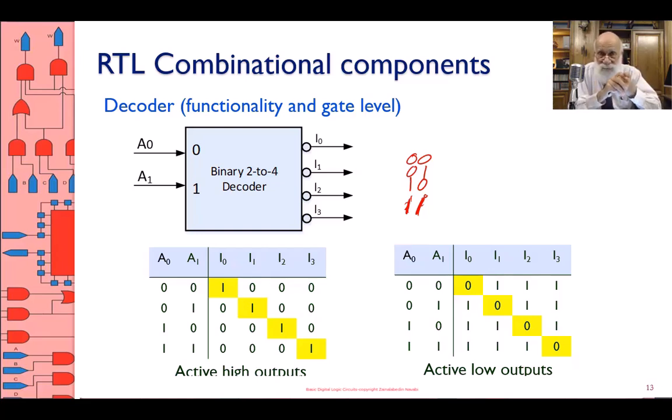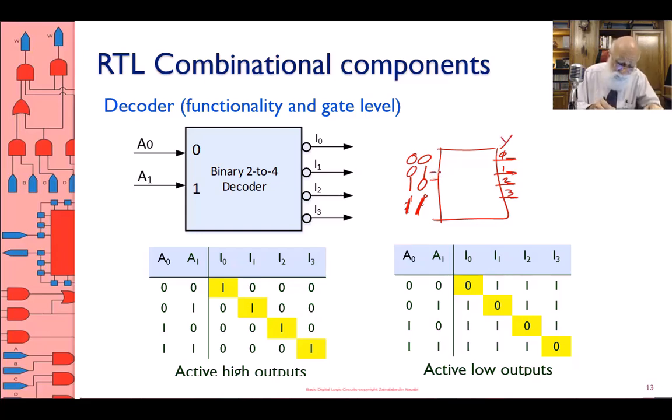I'm going to build a circuit that takes these coded numbers. See, these are coded numbers. Takes these coded numbers and opens them up, meaning that it has 4 outputs, one representing number 0, one representing 1, one representing 2, one representing 3. These are the Y outputs.